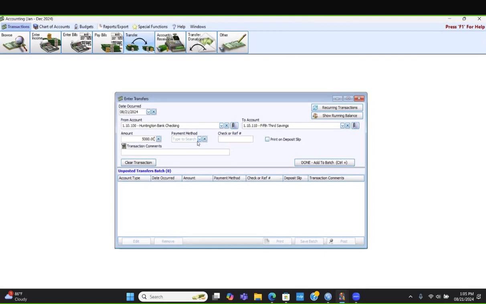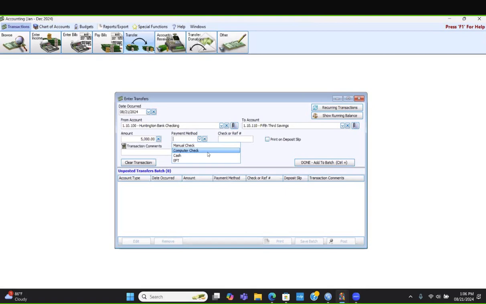Here, notice I've got manual check, computer check, cash, or EFT. If I need to print a check, like I would if I were entering and paying a bill, I can choose computer check and put that into my print queue. So just be aware, folks, that this supports printing a check.